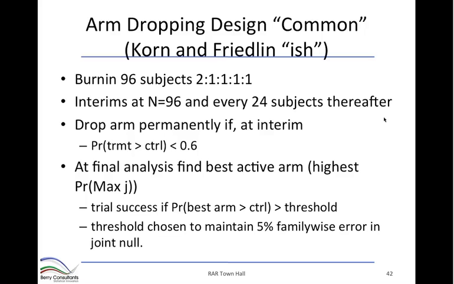We have changed that 0.6 threshold around and we do get quantitatively different, but not qualitatively different, results here. At the final analysis, this final analysis is identical to every other trial. We find the best arm, compare it to control, and pick a threshold to maintain 5% type 1 error.